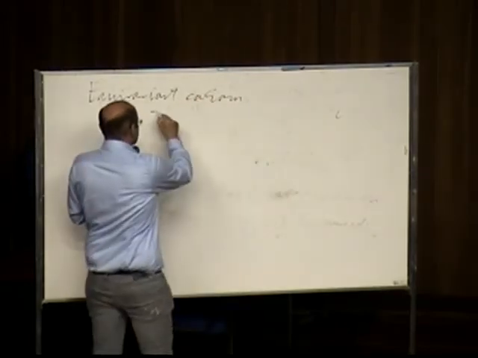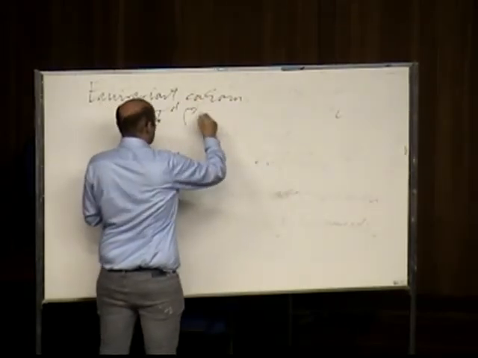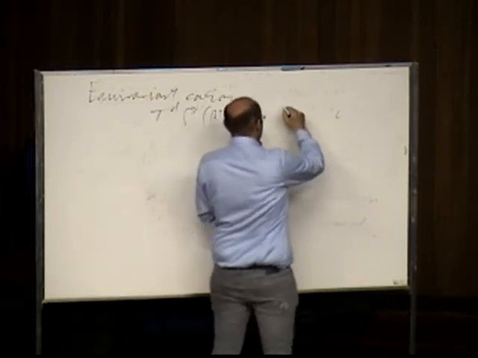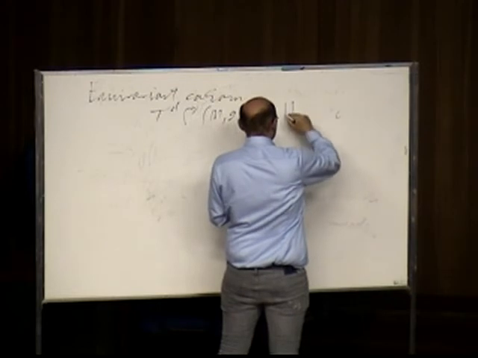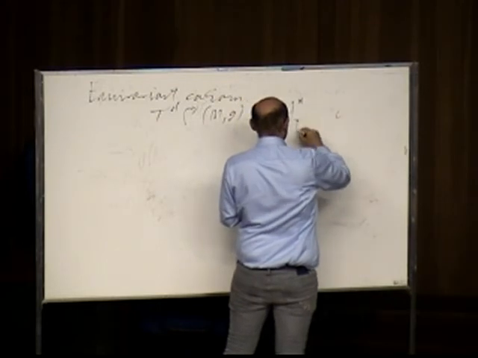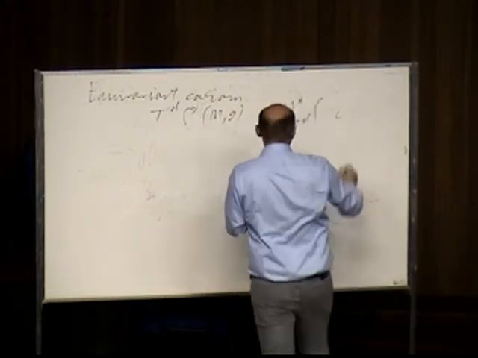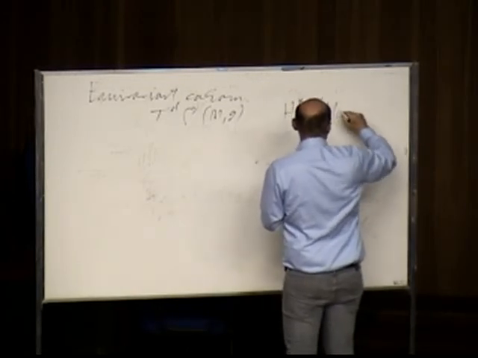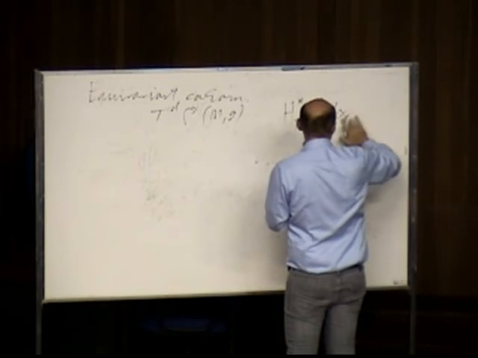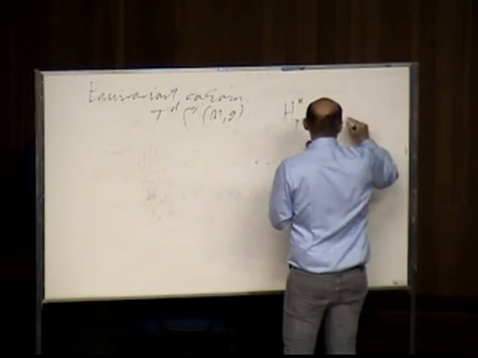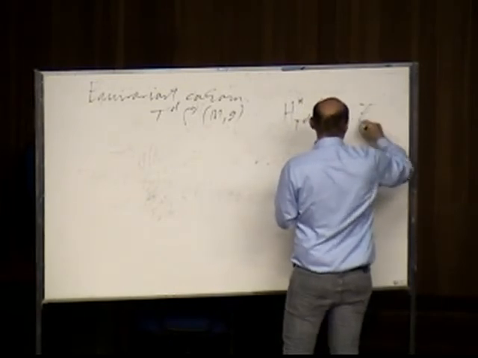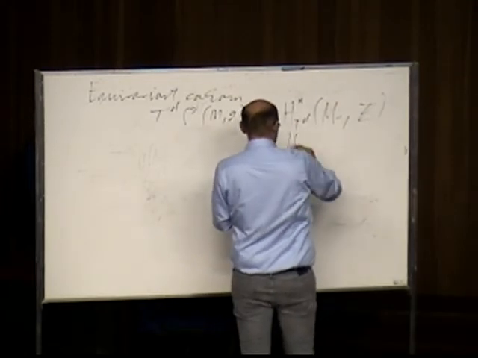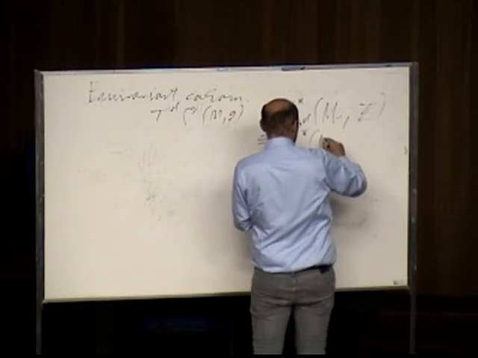If we have a torus action on a manifold, then one looks at the cohomology H star of the Borel construction.